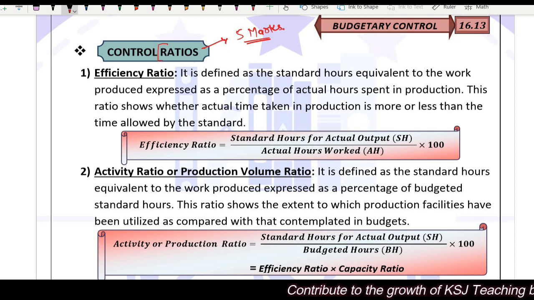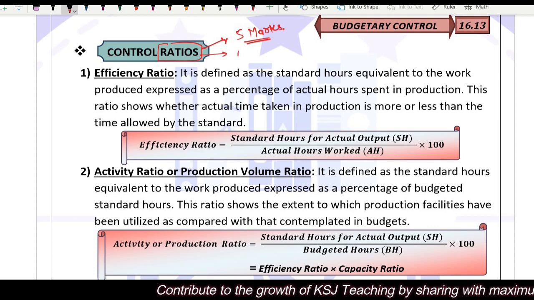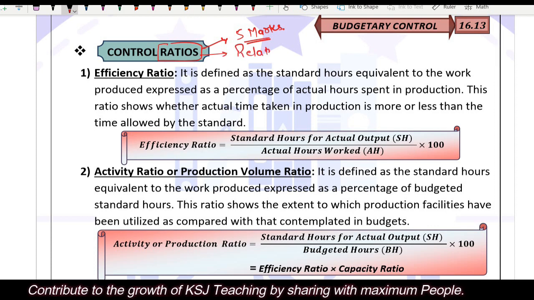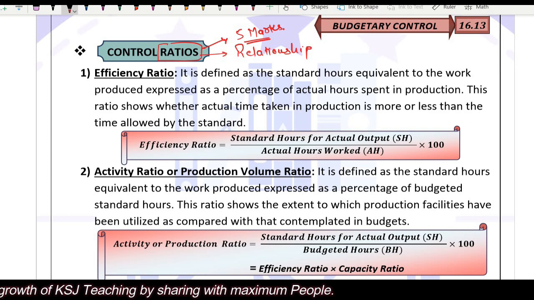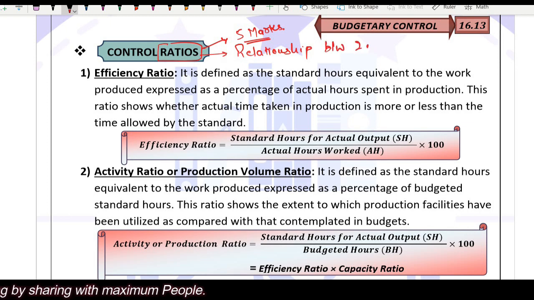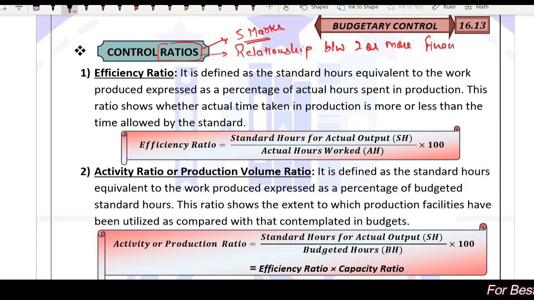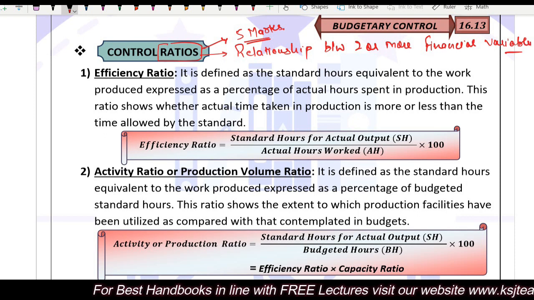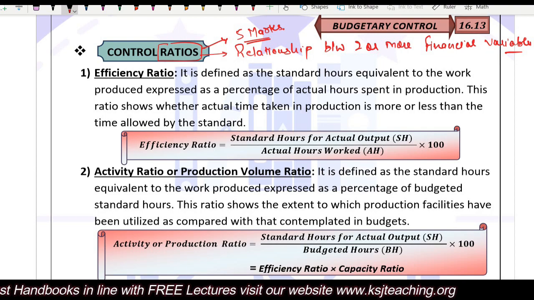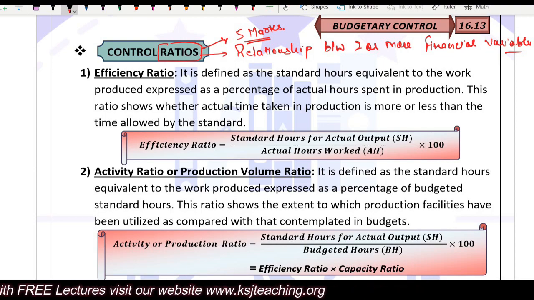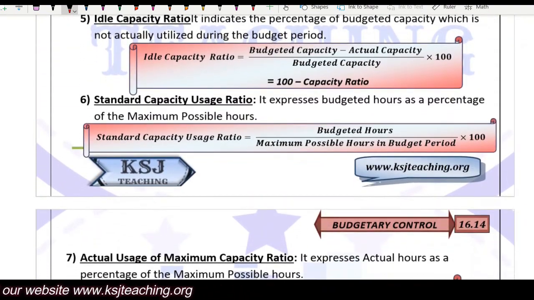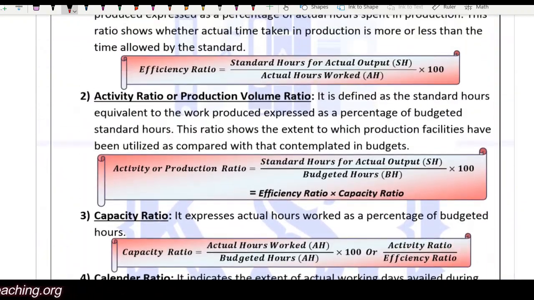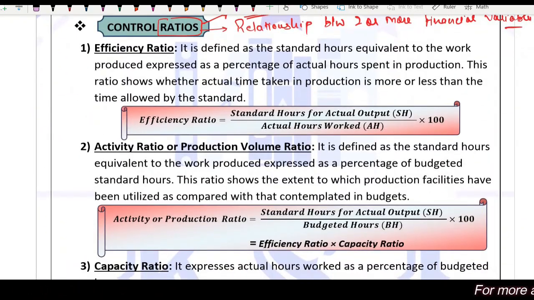When we talk about this word ratio, ratio means relationship between 2 or more financial variables, isn't it? So we have approximately 5, 6, 7 ratios that you need to understand and remember, more or less.